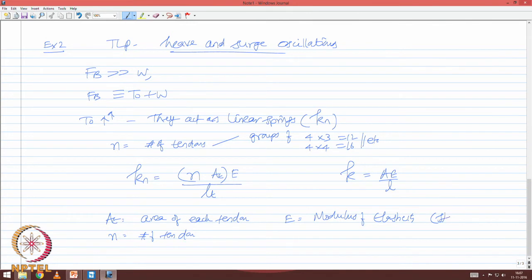Usually steel is used as the material, of course, L is the length of the tendon. So, this can be in meters, this can be in meter square, this can be in Newton per meter square. We will get stiffness in Newton per meter.